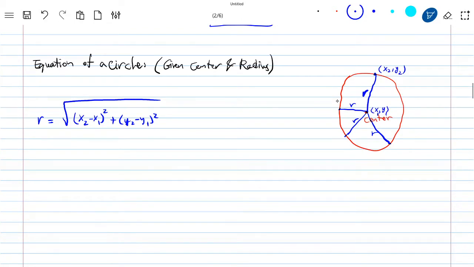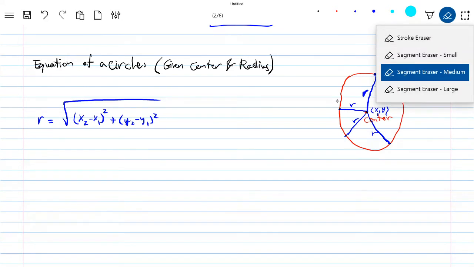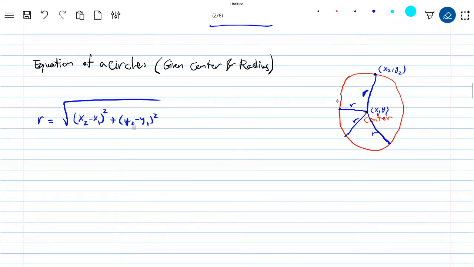Whatever numbers you put in here for x2 and y2, because x1 and y1 is basically your center, and the center is a fixed value. Sometimes they use a and b. So they say, instead of using this, if I ignore x2 and x1 and say this is true for every x and y, as long as x and y is on this circle, I can replace any number for x and y, then I should have r as the distance.